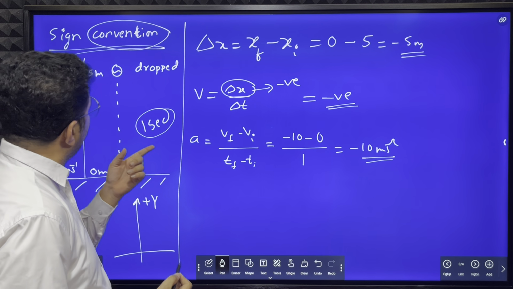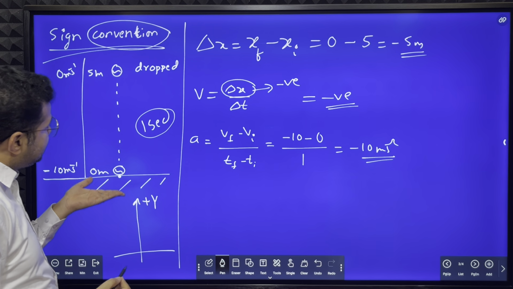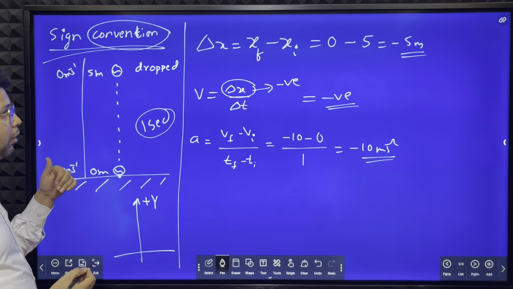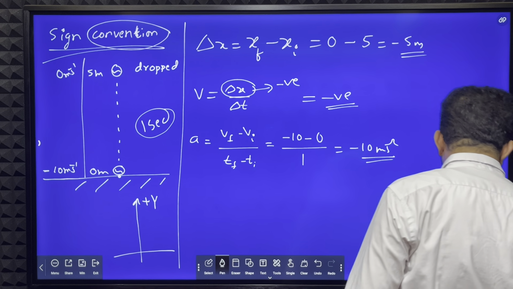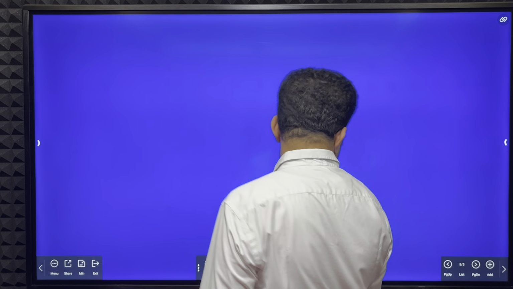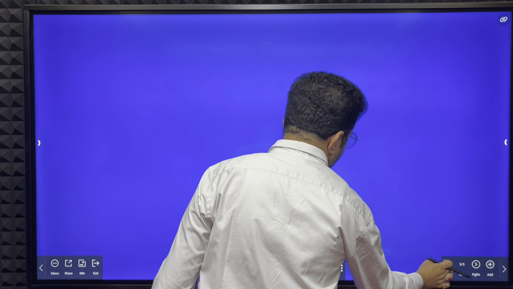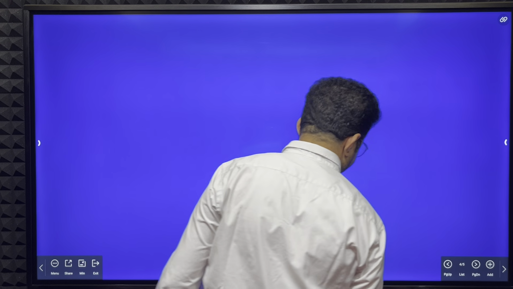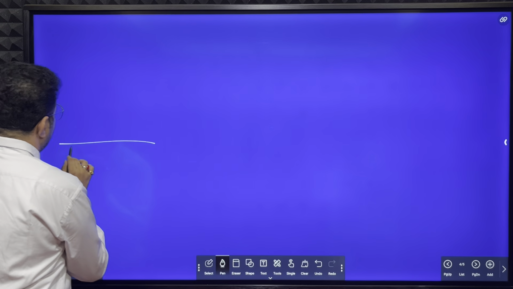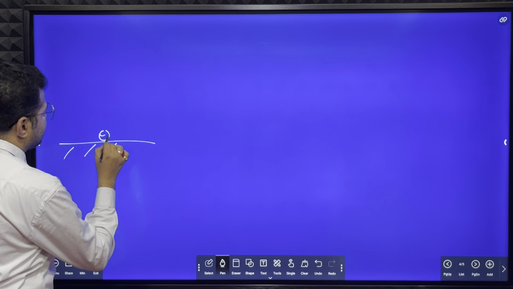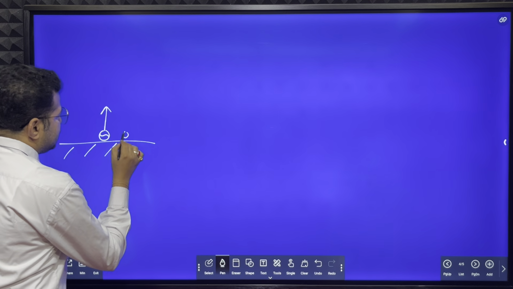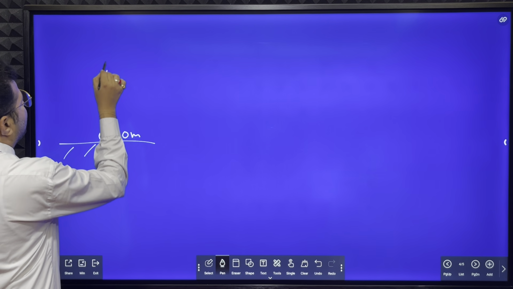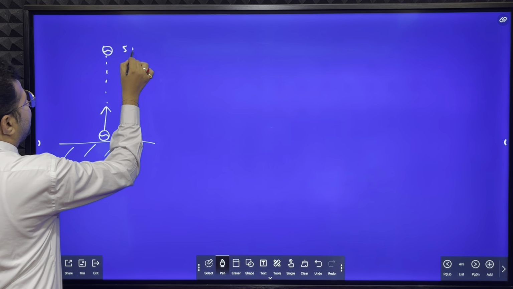Now when the ball is thrown upwards, what happens during upward motion? Say the ball is thrown up from 0 meter and goes to a height of 5 meter.